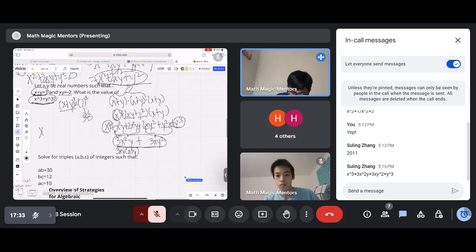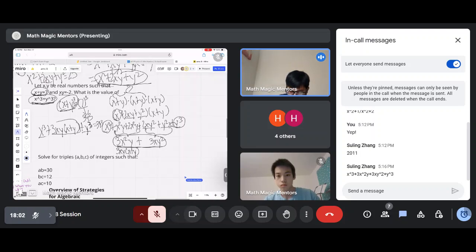So our actual expression is x cubed plus 3xy times x plus y plus y cubed, and that's what x plus y cubed equals, 7 cubed. Now we actually have all the quantities we need to solve this problem, because we want x cubed plus y cubed. So we have x cubed plus y cubed, and that equals 343.